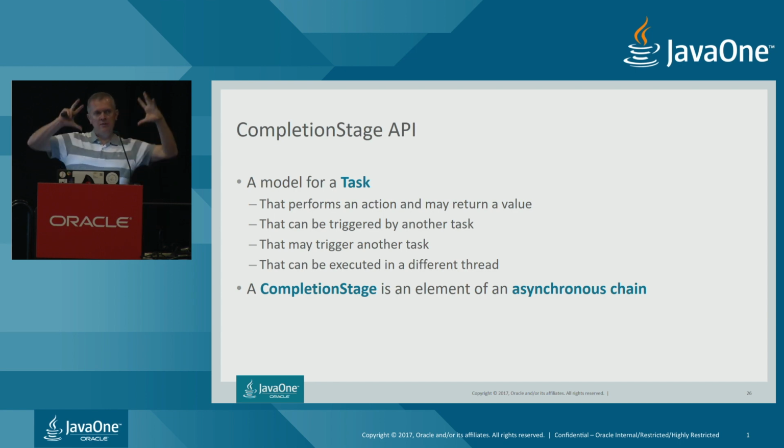The nice thing is that, given a completion stage having the responsibility to execute a task, we can chain other tasks on it that are going to be executed on the completion of this completion stage, which is not the case with the Future API. We cannot do that in the Future API.